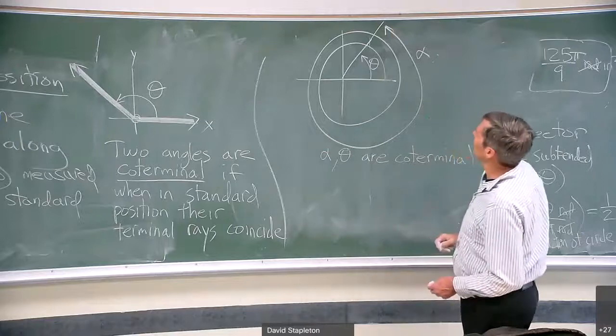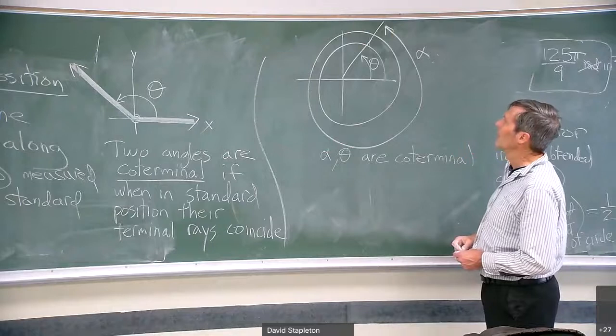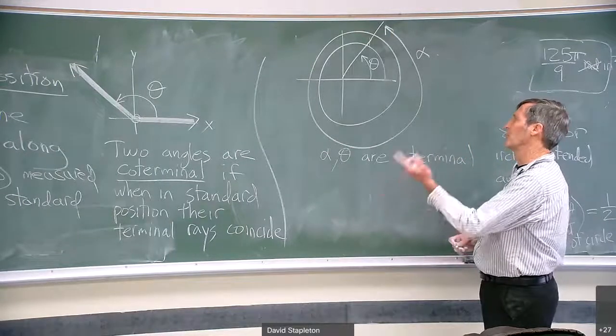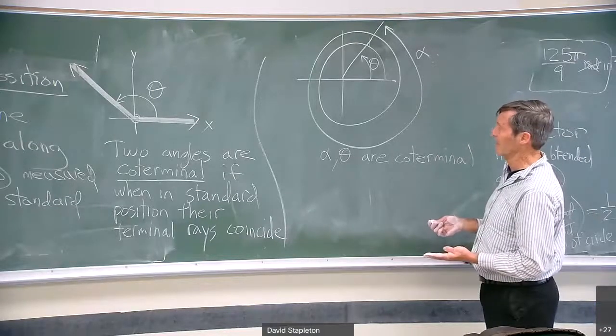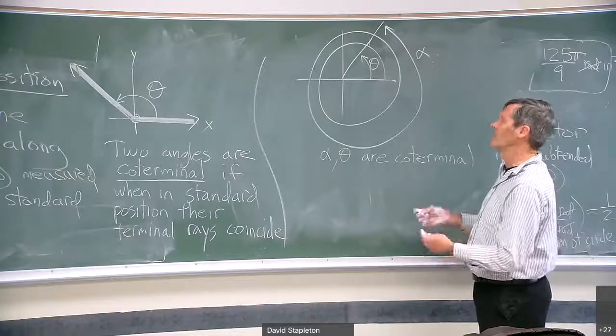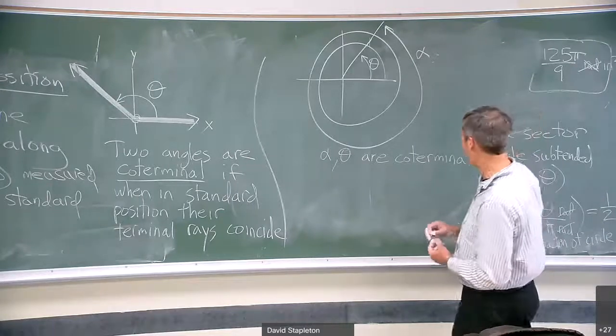So how do you tell if 2 angles are coterminal? Alpha and theta. Well, you have to go around a whole number of rotations, either positive or negative. Whole numbers are the non-negative numbers with nothing after the decimal point. So instead of saying a whole number, positive or negative, we'll say it's an integer number of rotations. Integers are all numbers with nothing after the decimal point.